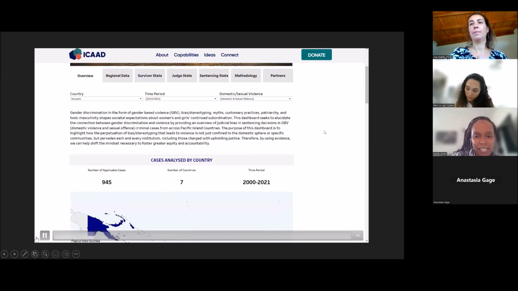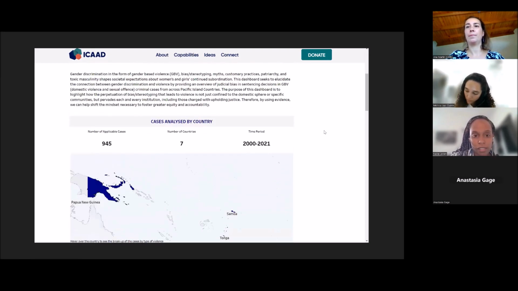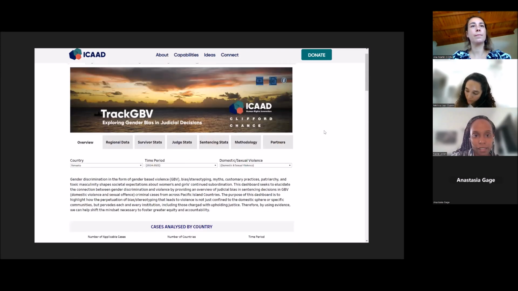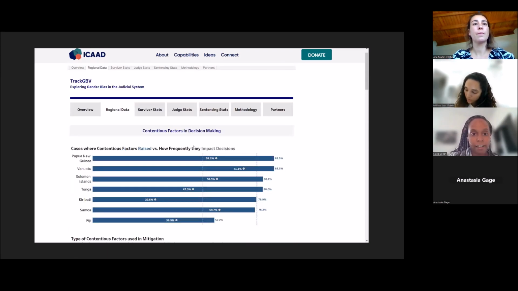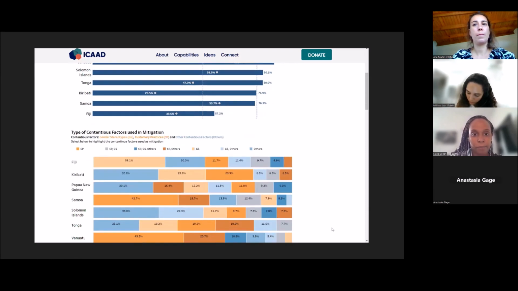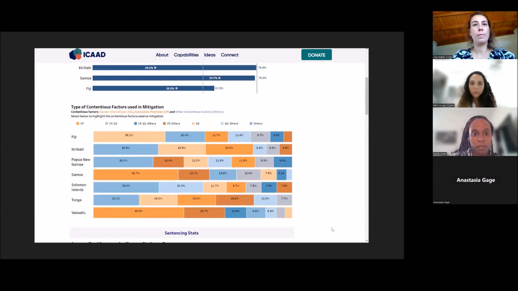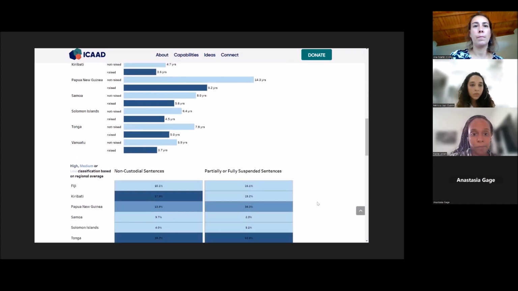The power of numbers is very important because it challenges this assumption of things just being anecdotal. So this is a database that I found in assessing gender bias in judicial decisions. It's a compilation looking at different indicators and at contentious factors in mitigation, either gender stereotypes, gender norms, and others.